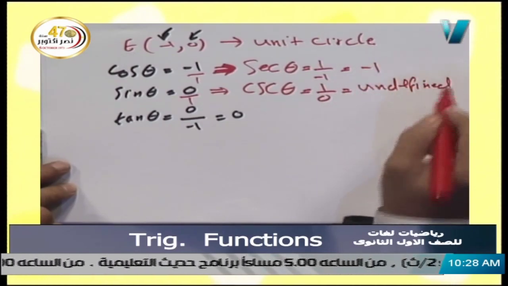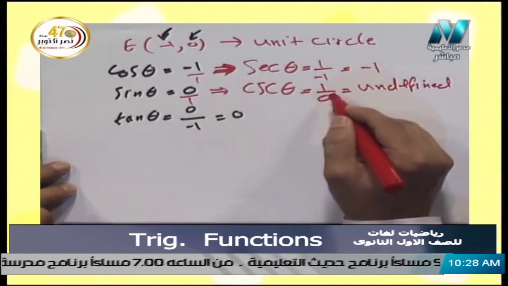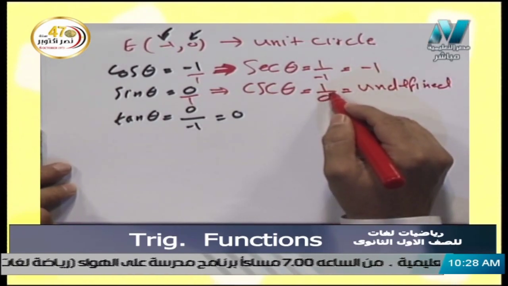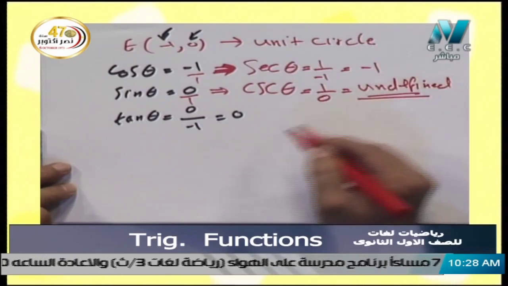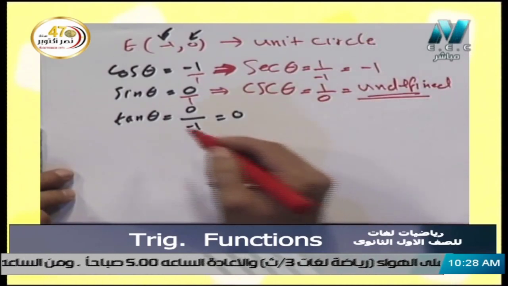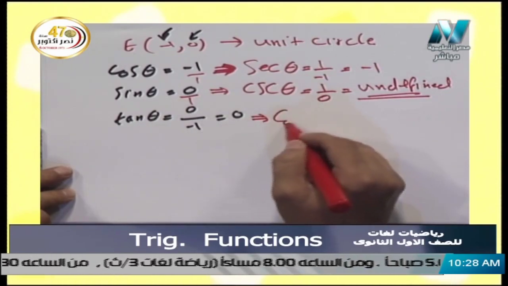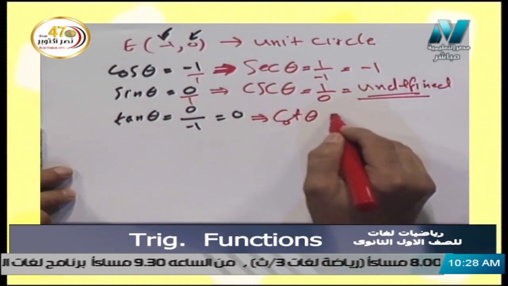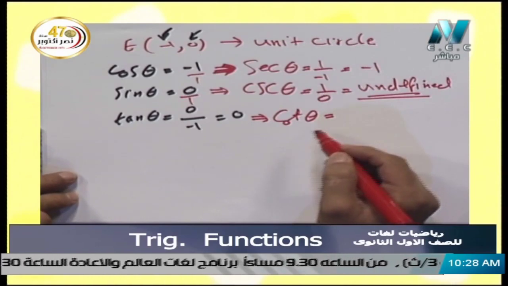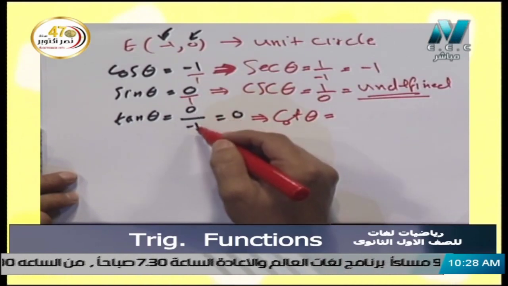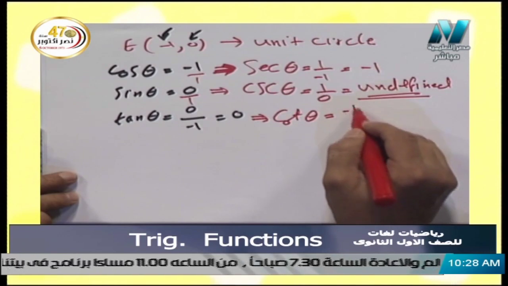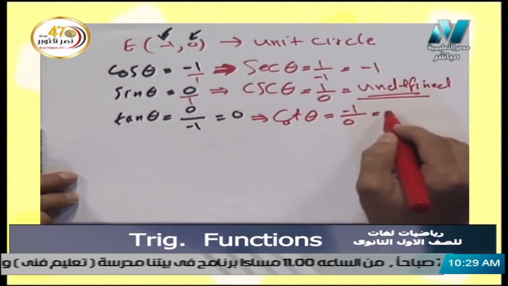If we have a number over 0, my dear students, we call it an undefined number. So here it is undefined. What about tan? The reciprocal of tan is cotan theta, and cotan theta is the reciprocal of 0 over -1, so it's -1 over 0, and also undefined.